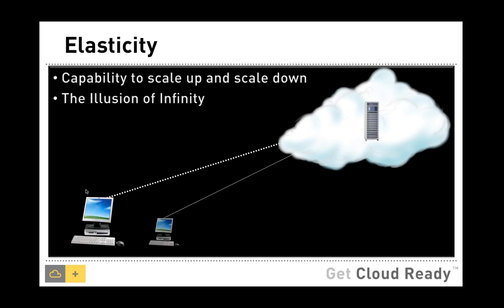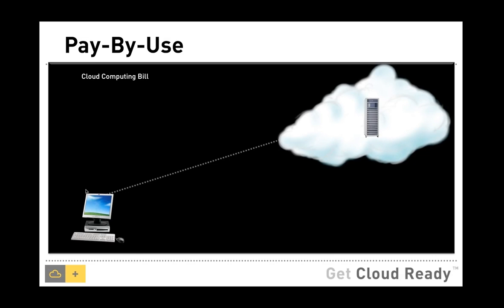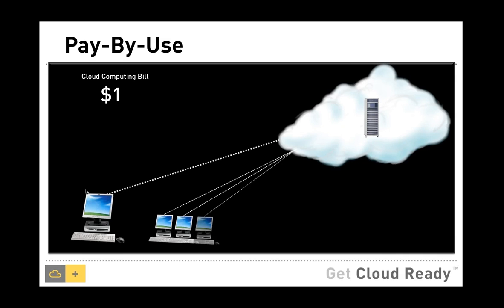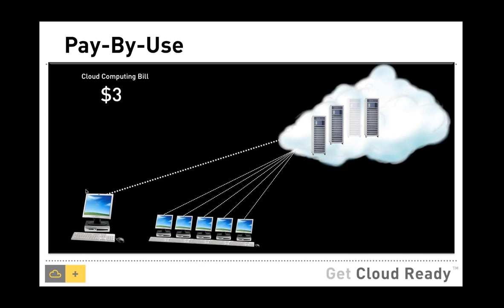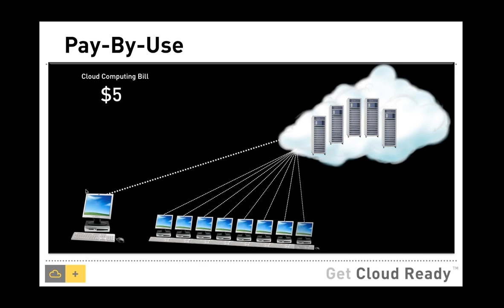The next important capability is basically pay by use, right? With elasticity and pay by use, this becomes very interesting. So let's say you start with your cloud computing bill of $1, hypothetical, but as and when the servers get added, the service provider will start incrementing your bill, and during the peak hours, you might be running on half a dozen servers, and your cloud computing bill momentarily will touch about $6.